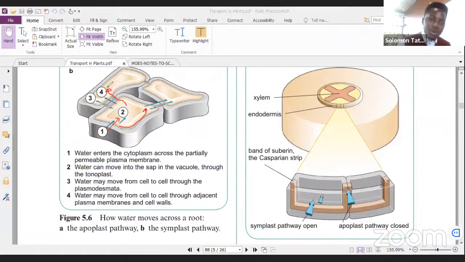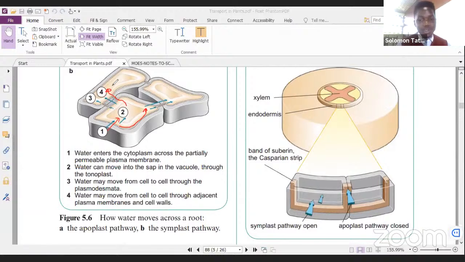The reason for this is that the vacuole always has a higher concentration than the surrounding cytoplasm. So the rationale behind this theory is that water will easily be attracted into the vacuole since it has a higher solute concentration than the surrounding. And remember, this is a passive process.